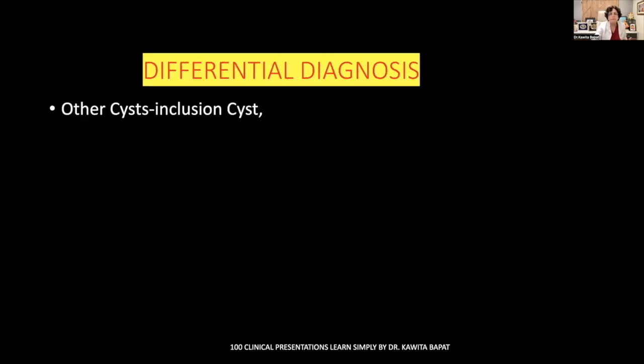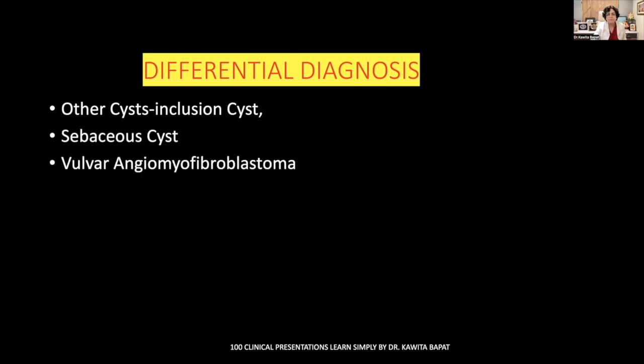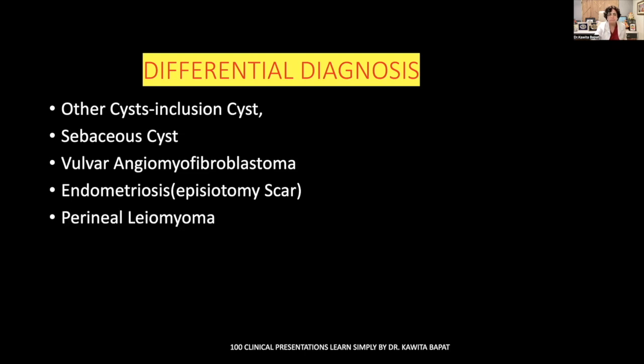But there is a problem. It may not be a Bartholin cyst; it's a simple thing. There are some conditions we are supposed to differentiate between. There can be an inclusion cyst, a sebaceous cyst, sometimes a vulvar angiomyofibroblastoma, which is very uncommon. We should be worried about endometriosis, especially on the episiotomy scar, which can be a swelling at the vulvar position similar to a Bartholin cyst.